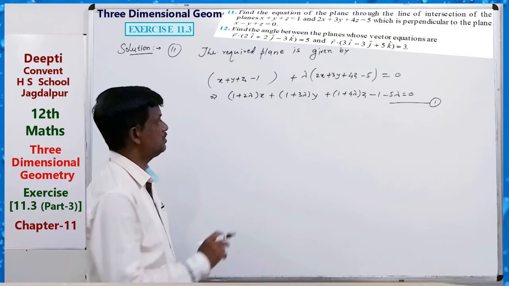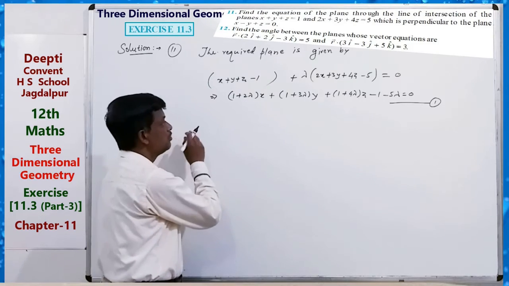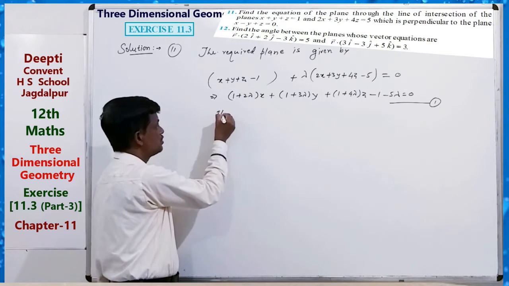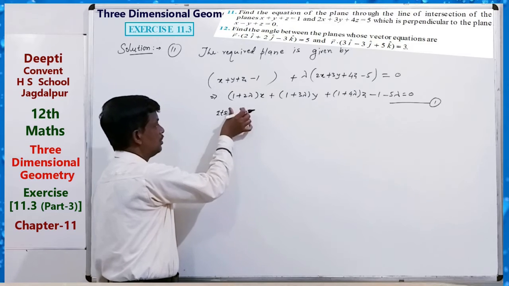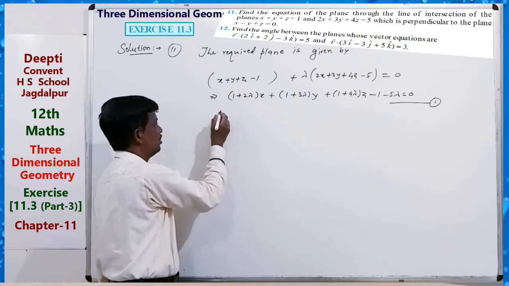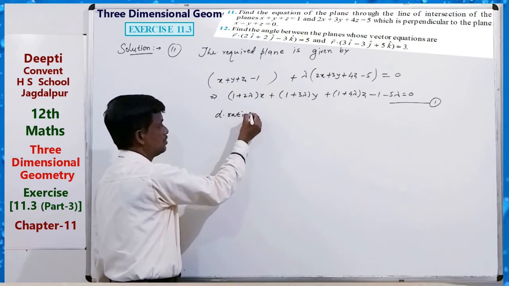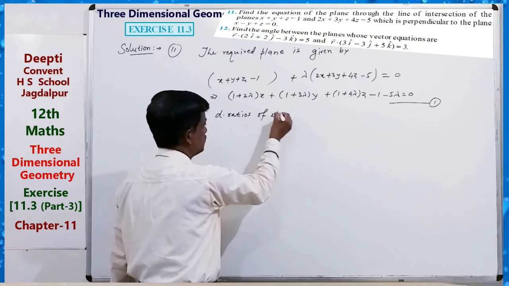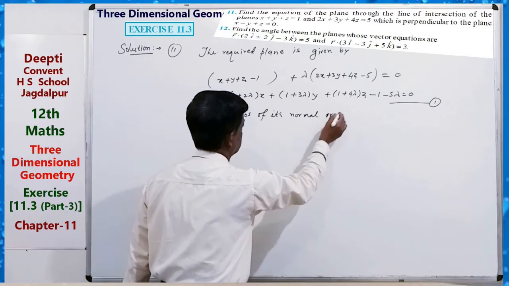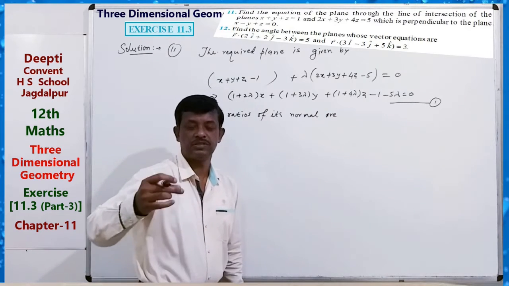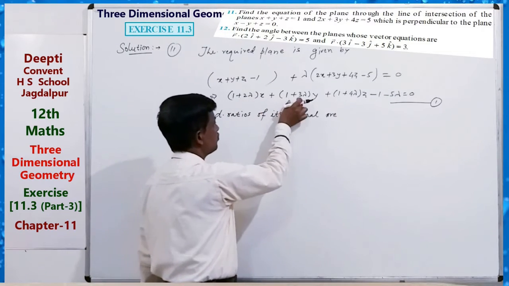There is a condition that this plane is perpendicular to the given plane. So the direction ratios of its normal: for ax plus by plus cz plus d equals 0, a, b, c are the direction ratios of the normal, the coefficients of x, y and z.